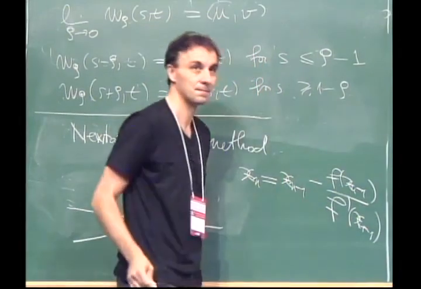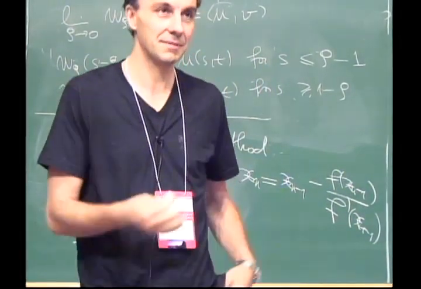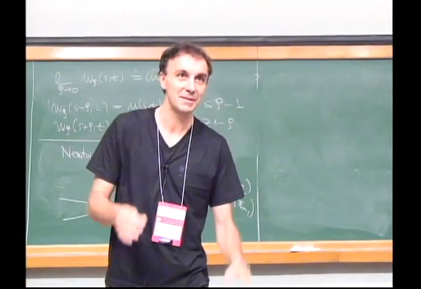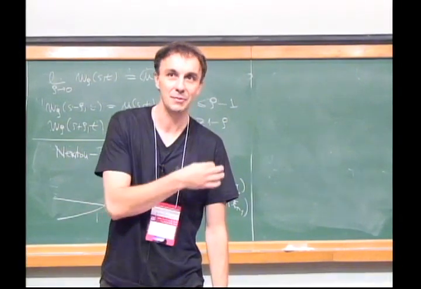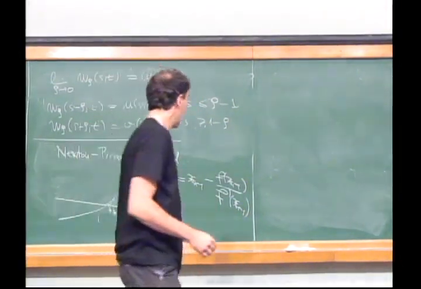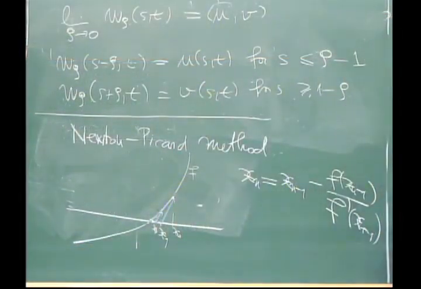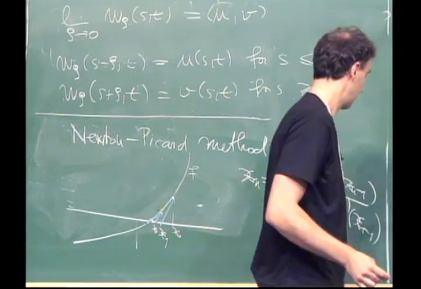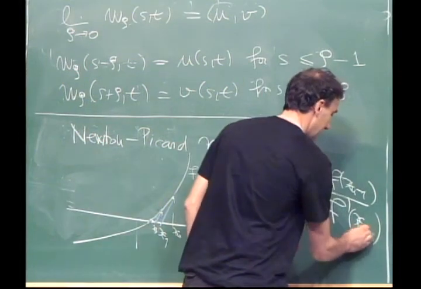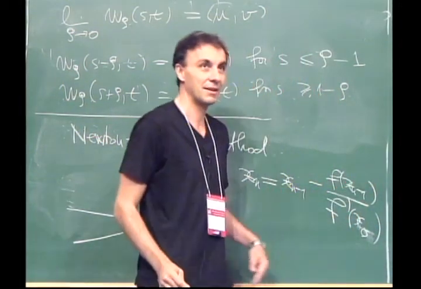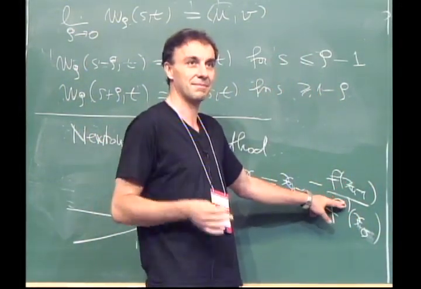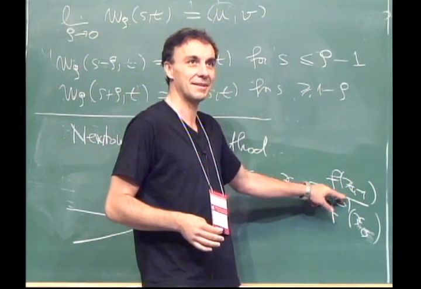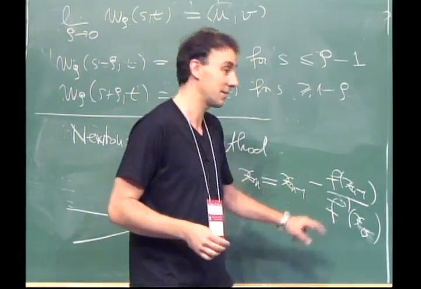So this is somehow the basic formula you have in mind when you proceed to this approximation in the gluing framework. This is the original Newton method, but we use this one, right?